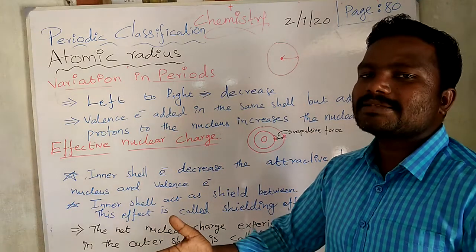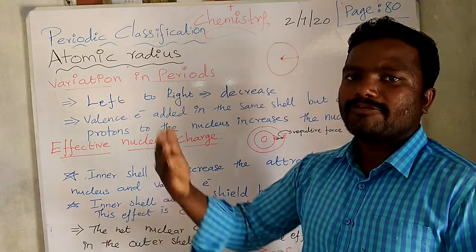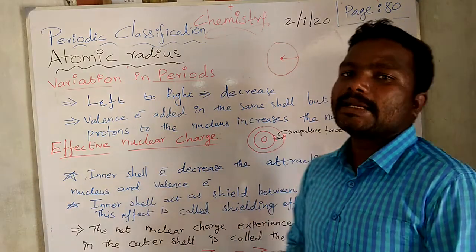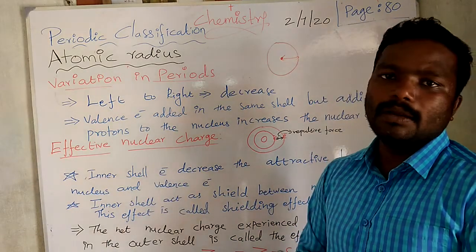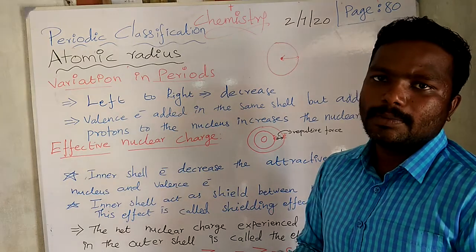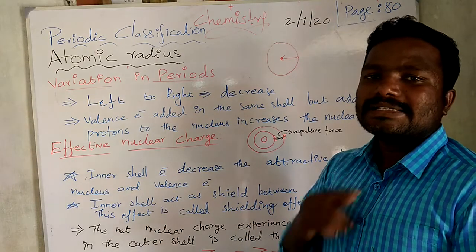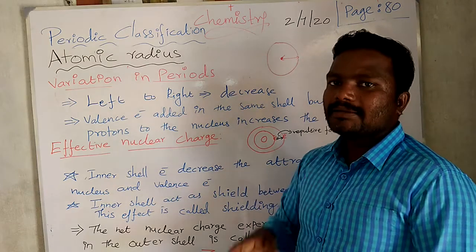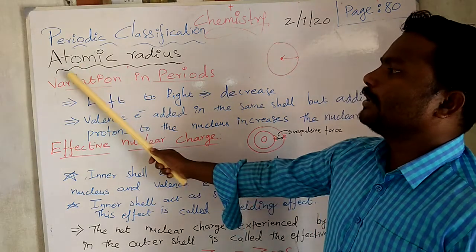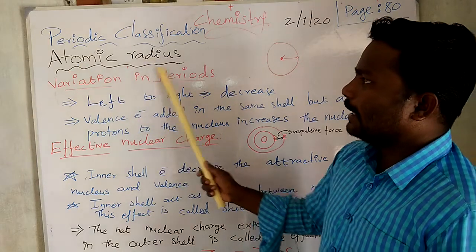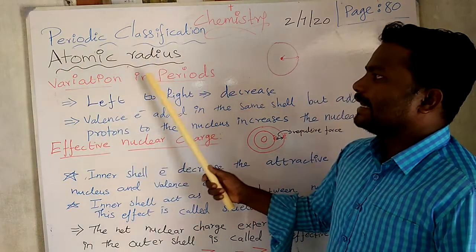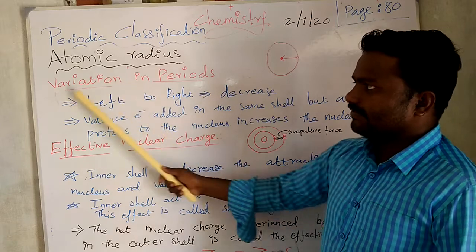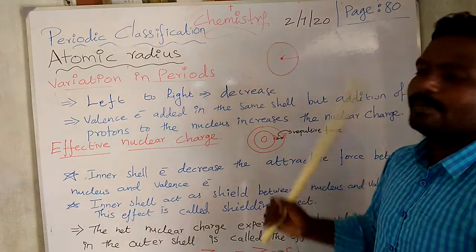So the size of an atom decreases from left to right in the periodic table. We know the periodic table has 7 periods and 18 groups. First, we are going to learn how the atomic radius varies in periods.